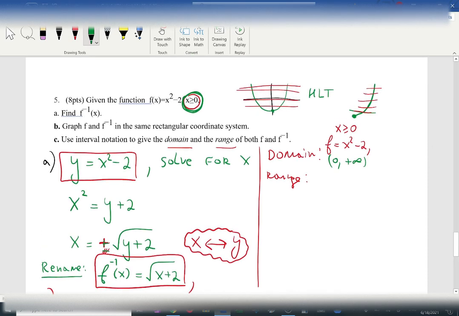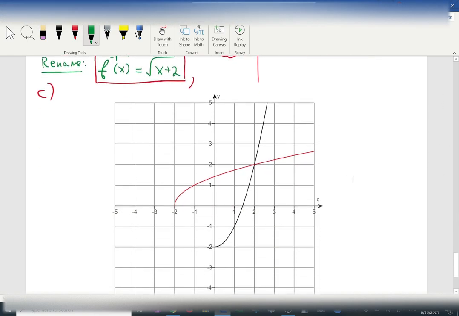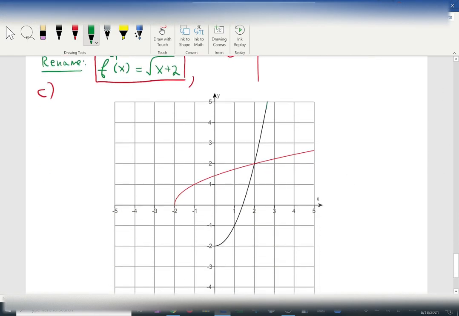The range, though, is all the possible outputs. If I start drawing the function, here it is, in green. This is the half of the parabola. The parabola is shifted down by 2, so y equals x squared minus 2. The range is all possible outputs. So as you can see, it starts from minus 2 and goes to plus infinity.